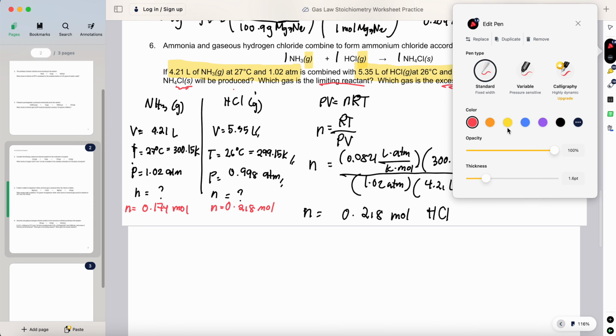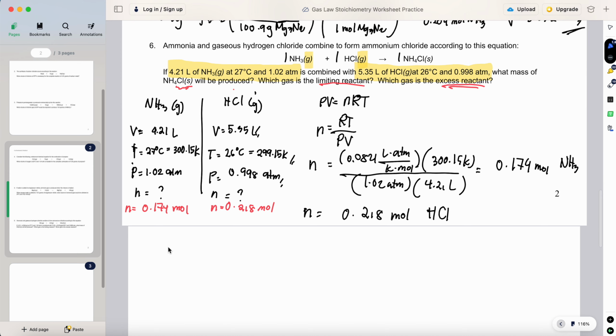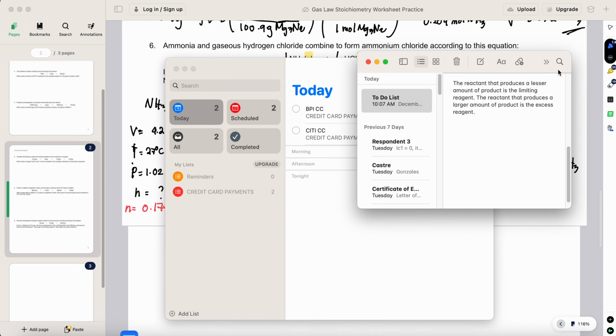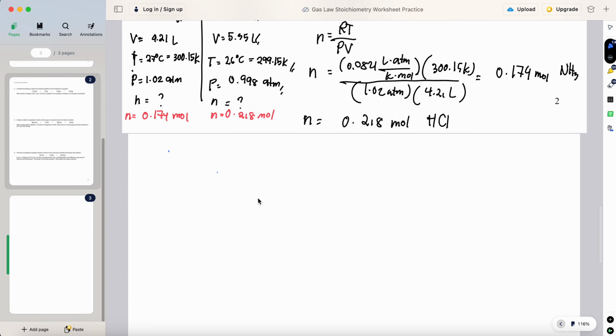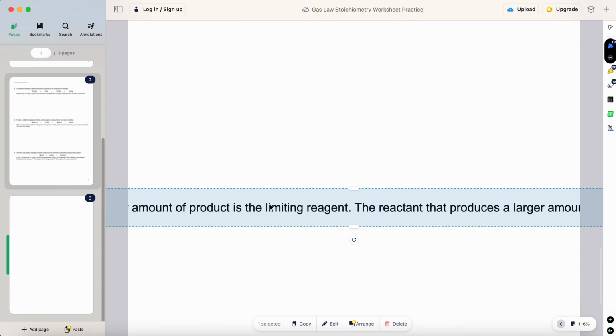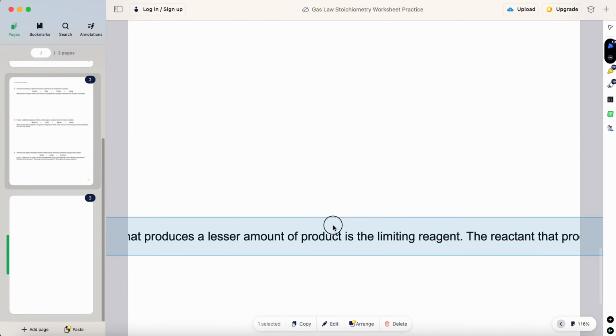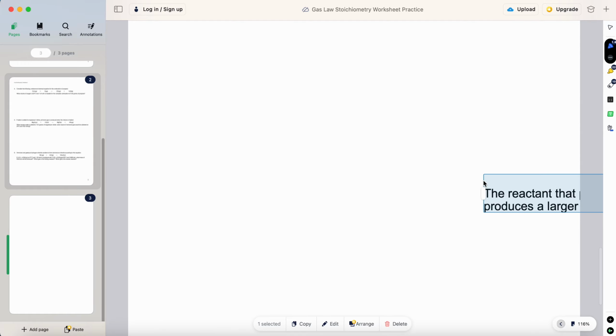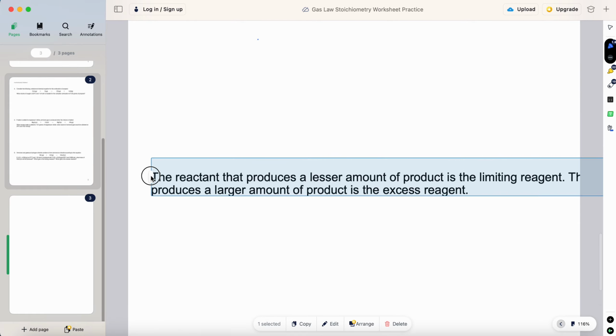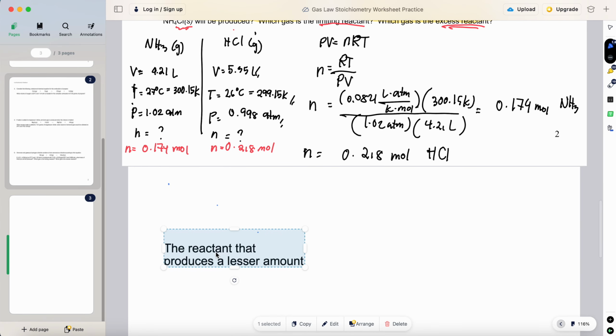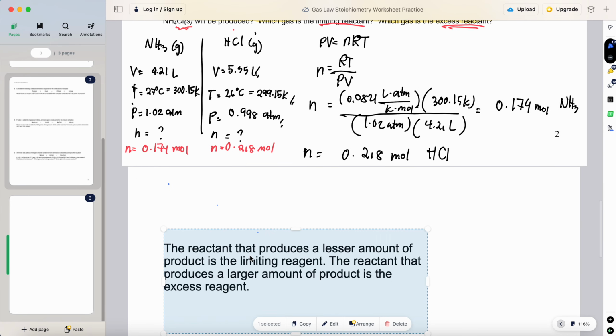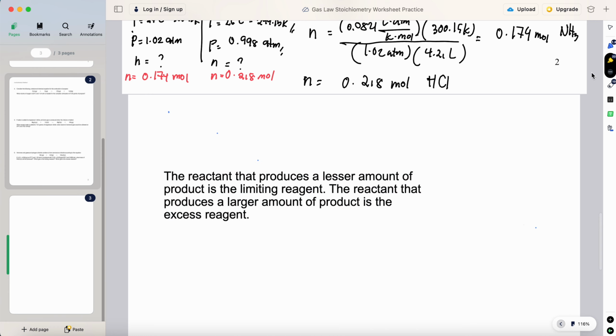Please remember this sentence. The reactant that produces a lesser amount of product is the limiting reagent.